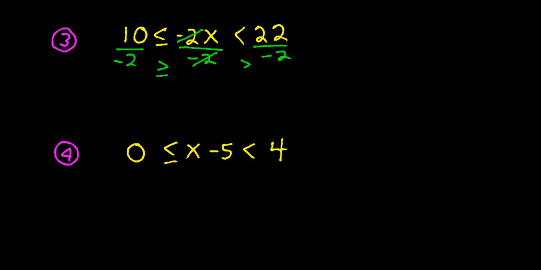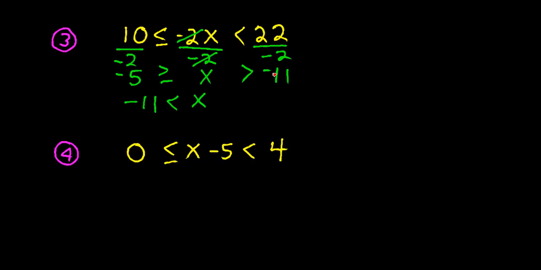Okay, so 10 divided by negative 2 is negative 5. I've got an x, and 22 divided by negative 2 is negative 11. Now what I'm going to do is rewrite this whole thing so that it looks like the standard format for an "and" statement where I have less than symbols.